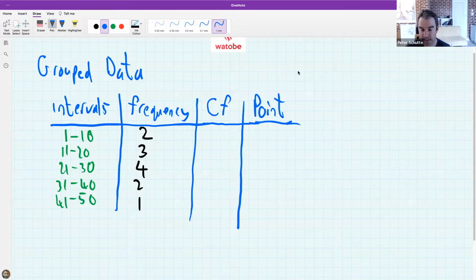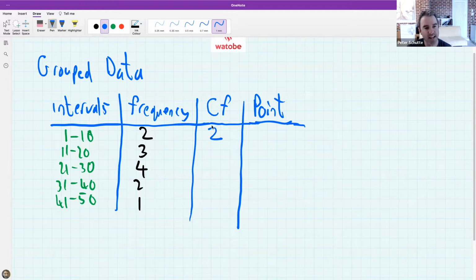Now, we're going to start the lesson today with an example, but I just want to give you a little bit of warm up before that. If we are calculating the cumulative frequency for a set of data, the first row will always be the same as the frequency column, because you're counting up how many data values occurred between 1 and 10.